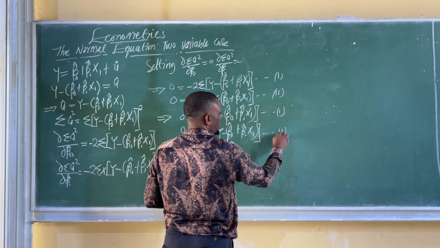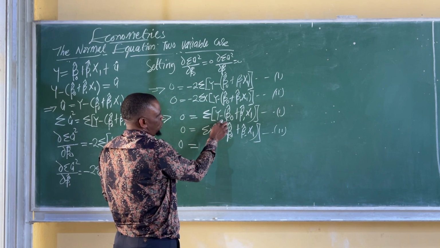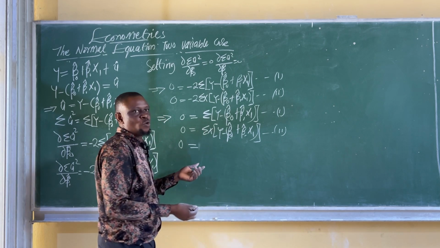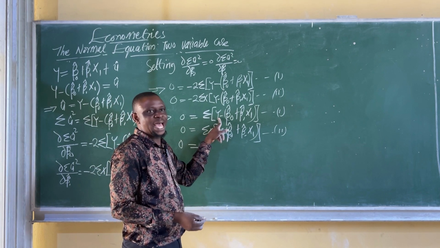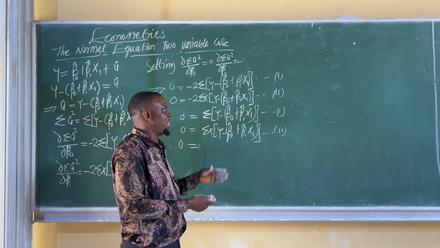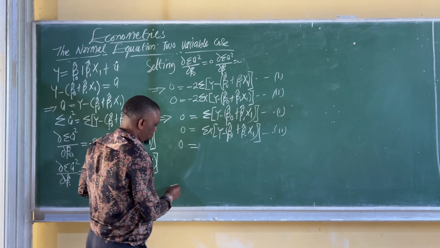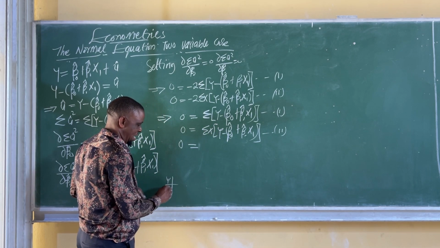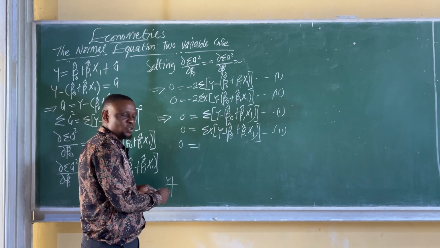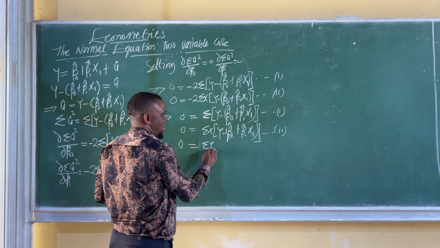From equation 1, if we open this bracket, when you say sum of y, in some books you see yi, but using some of this subscript can be confusing, so that's why I decided to work without the subscript. Our yi will be something of this nature: you have y with all the values, so you are summing over the values of y. And so this will be summation of y.